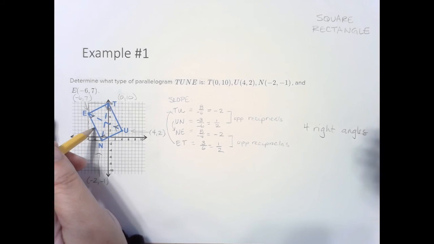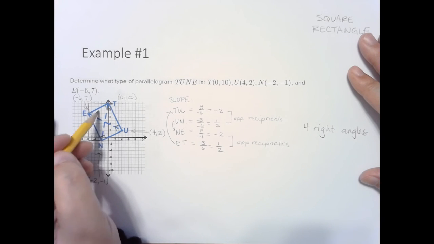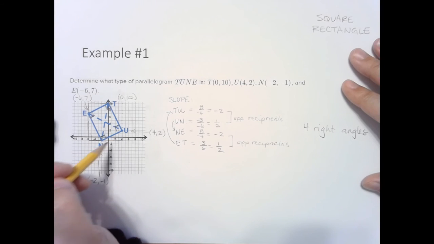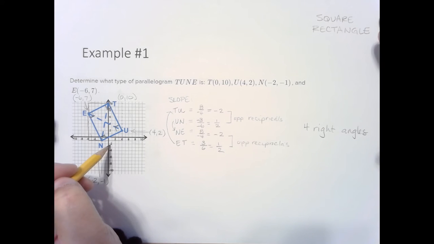To further prove whether or not it's a rectangle, these opposite sides need to be the same length, but different from the other pair. Because if all four sides are the same length, then it's a square. So that's how I need to go with my next step.